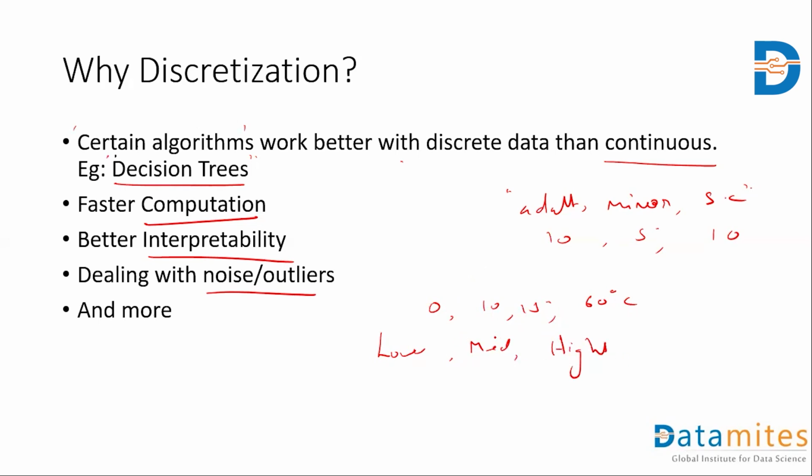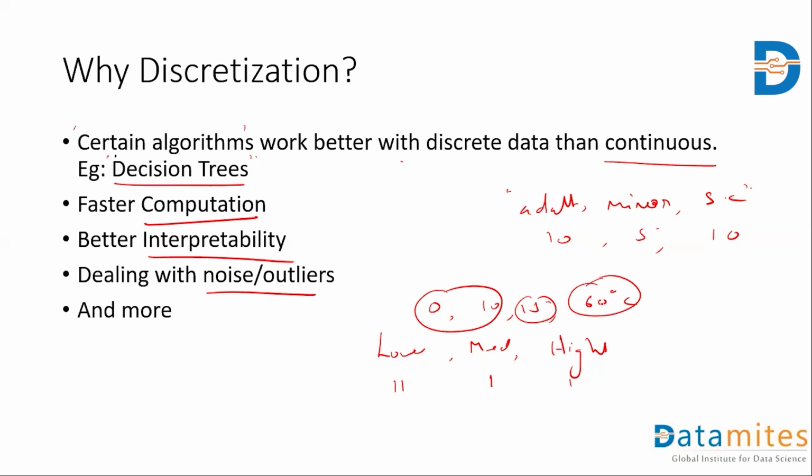And then let's say you might say that 0 and 10 over here comes into the low temperature category, 15 comes into the medium category, and 60 and anything above is going to come into this high category, right? So that is the effect of this outlier. Had you been treating this as a continuous data, it would have been quite evident, right?